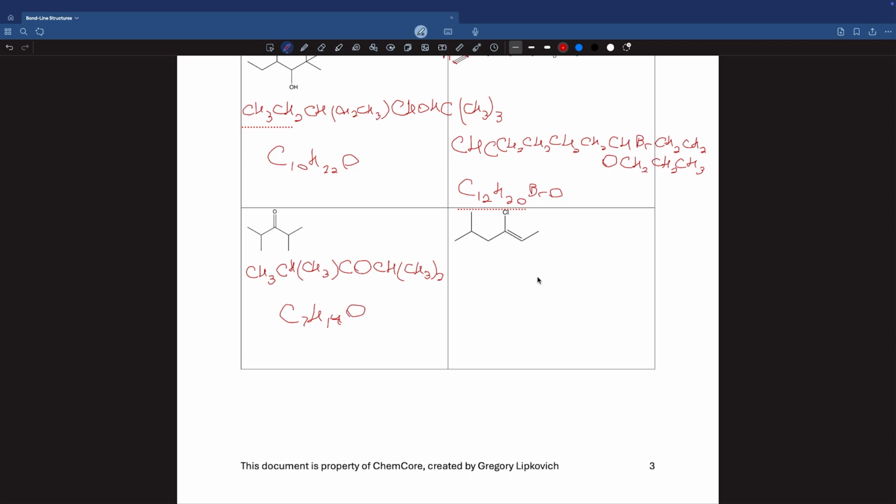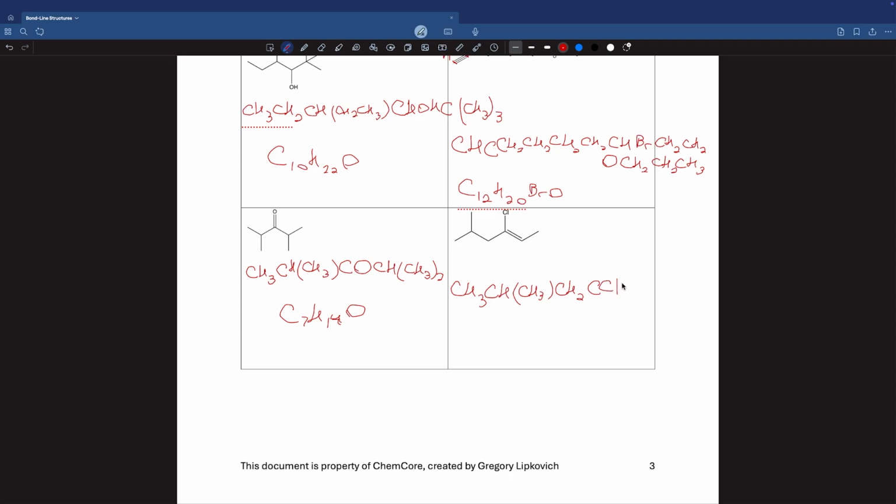The condensed formula for this one, we have a terminal carbon all the way on the left, CH3, and then CH, 3 bonds drawn, so 1 hydrogen. And then off this carbon, we have a branch point, CH3, and then a vertex, CH2. The next carbon is here. We have 4 bonds drawn, so no hydrogens, and then Cl.